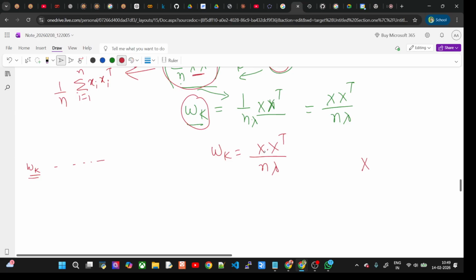Okay, so x into x transpose of n, these values. How can we write this? This is equal to 1 over n, summation i equal to 1 to n xi into xi transpose, and this n divided by this lambda is as it is, this lambda.